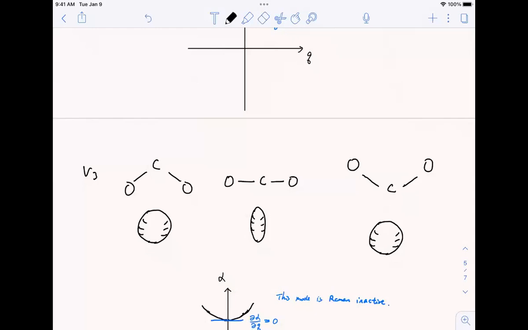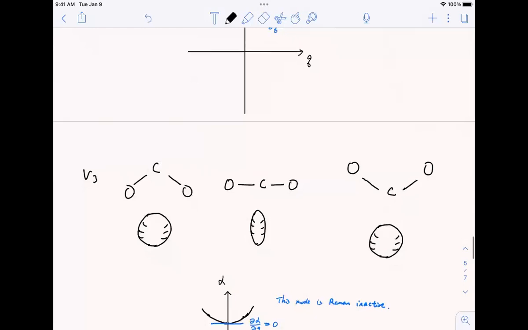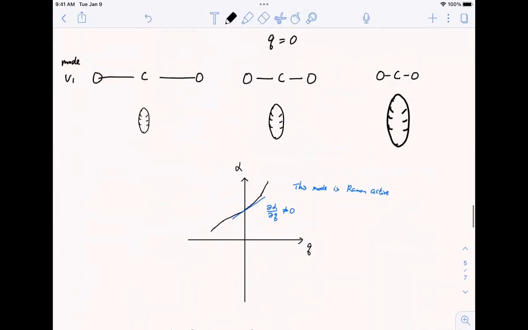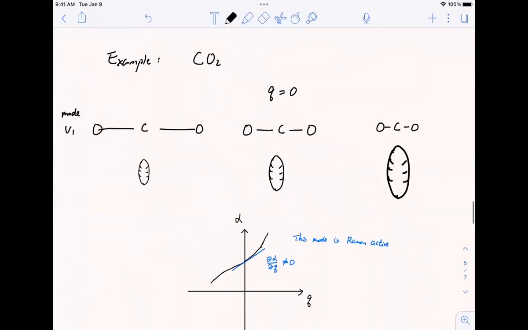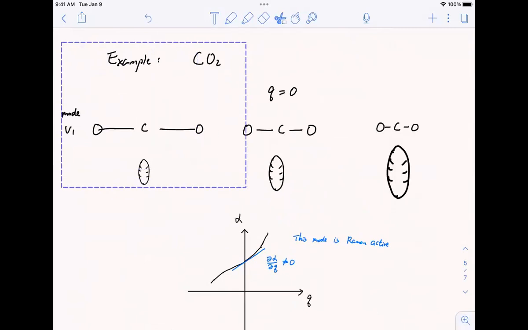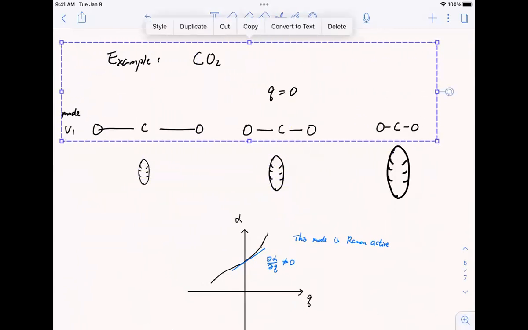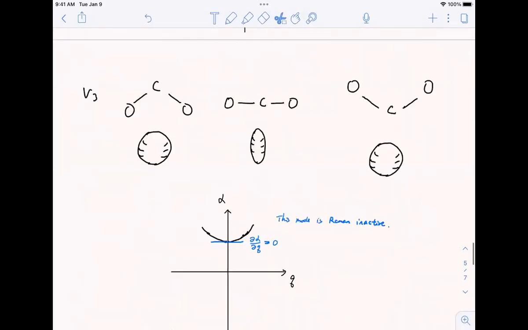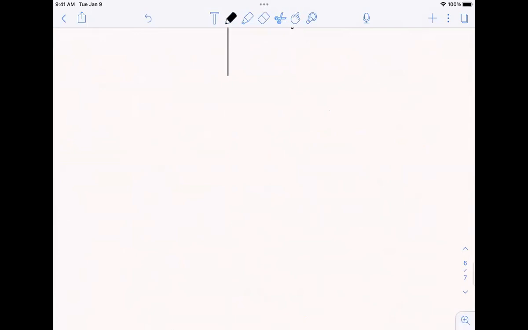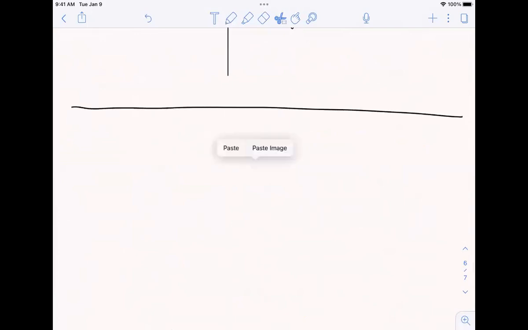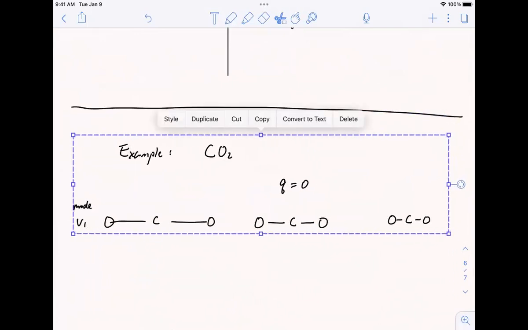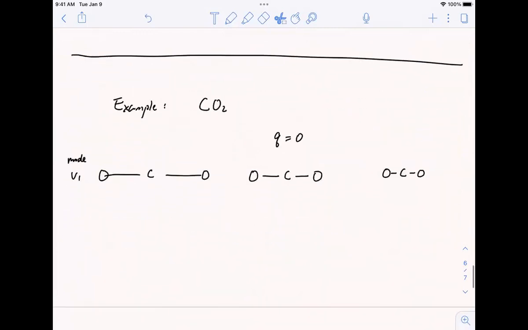Okay, so now let's consider the infrared activity. Okay, let's consider the first mode. Let's just copy. What is the dipole?